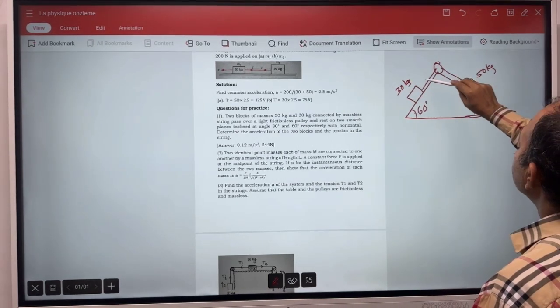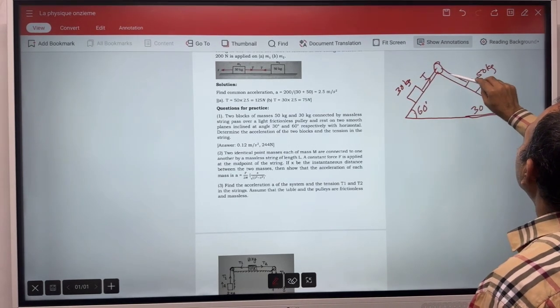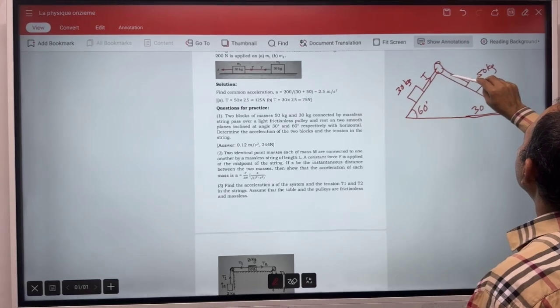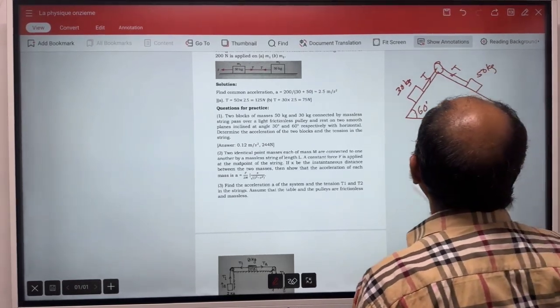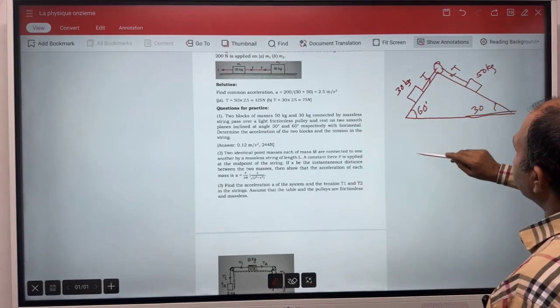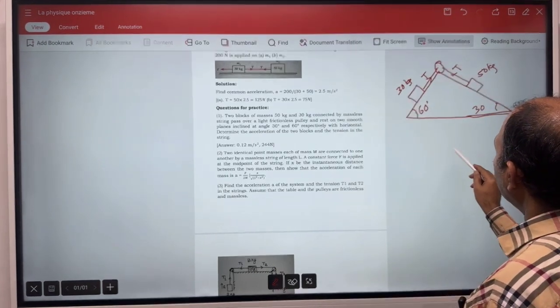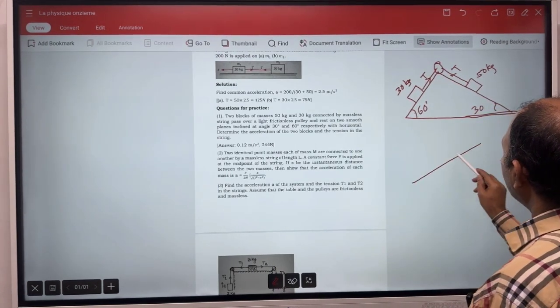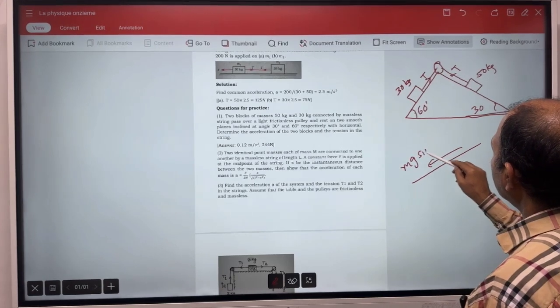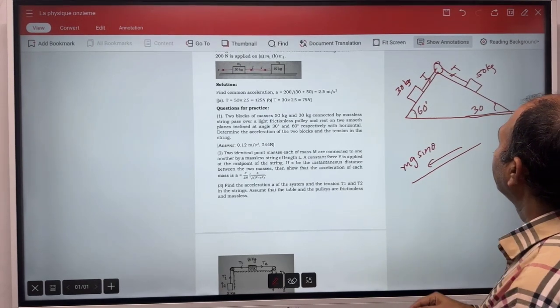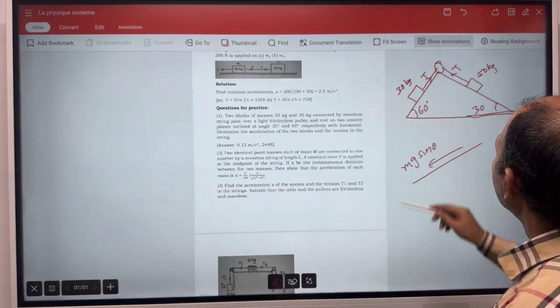Now this tension, say T, this will also be the same tension because the string is the same. So this is tension. Now what happens on an inclined plane, in this direction mg sine theta will be the force that will act.